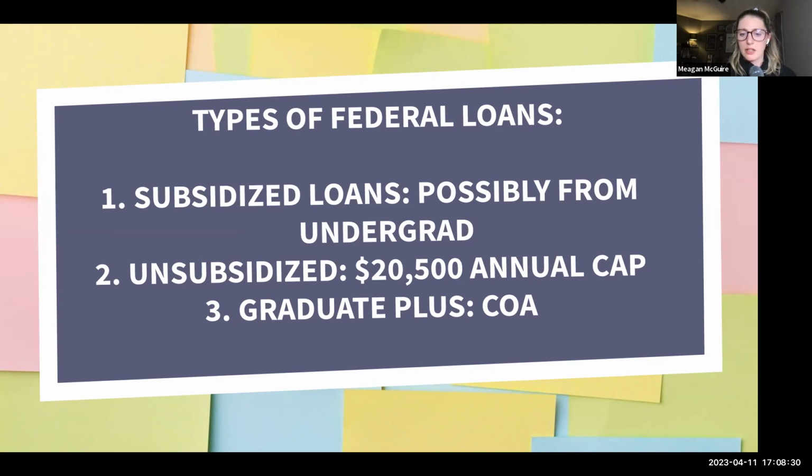That might not be enough for the schooling you're doing with your graduate school degree. That's where you can spill over into Direct Graduate PLUS loans. All of these will have the word direct in front of them. With Direct Graduate PLUS loans, you can borrow up to the cost of attendance minus what you're already borrowing from unsubsidized loans. So those are some terms I thought I would lay out.